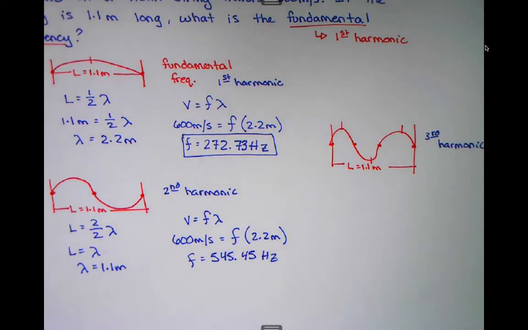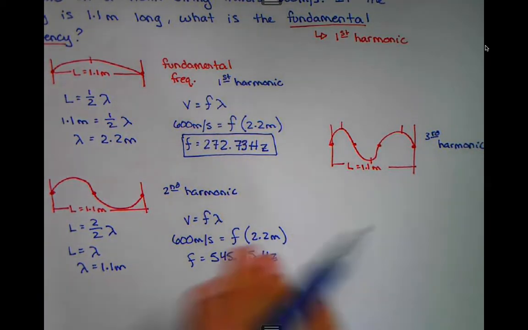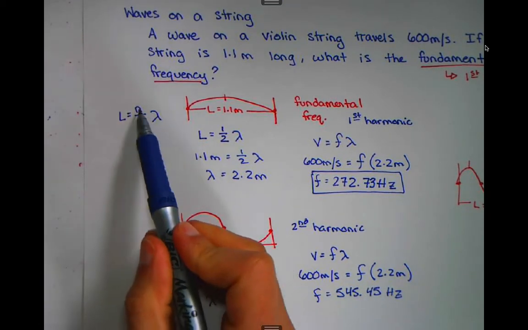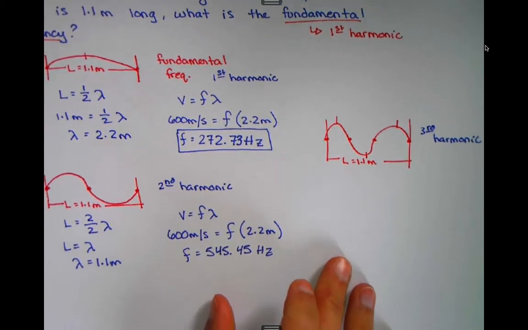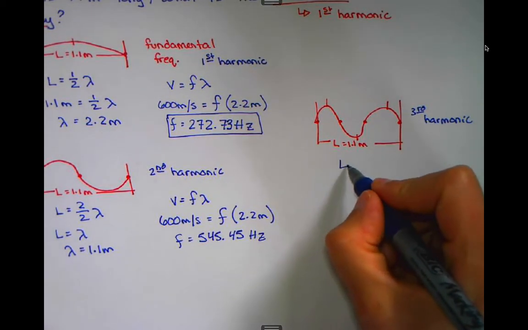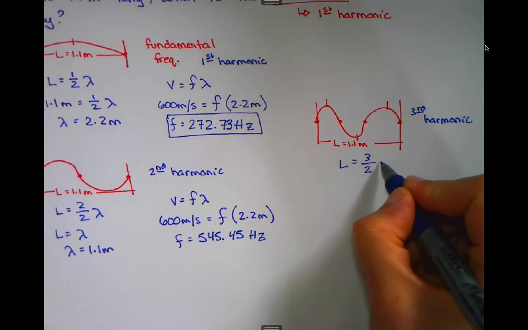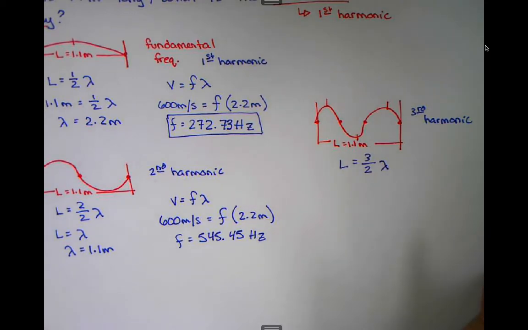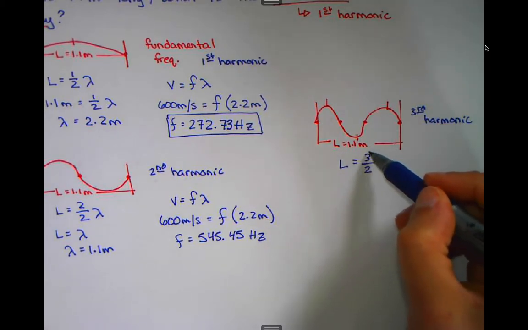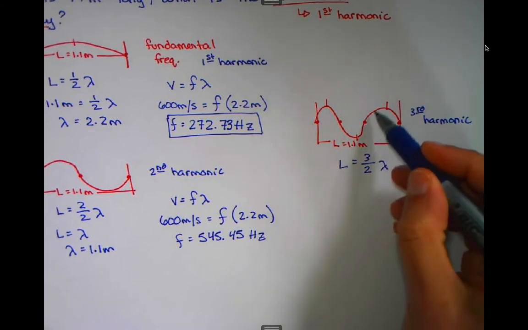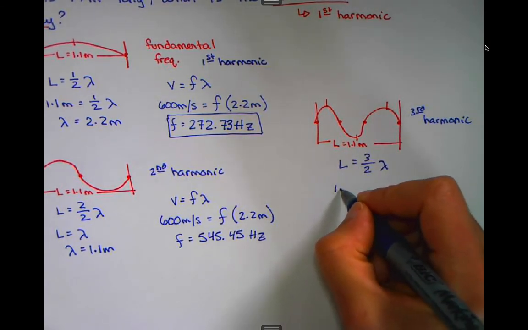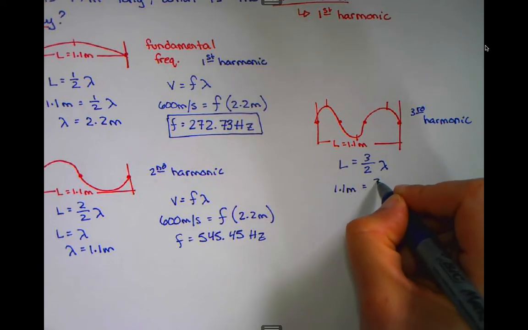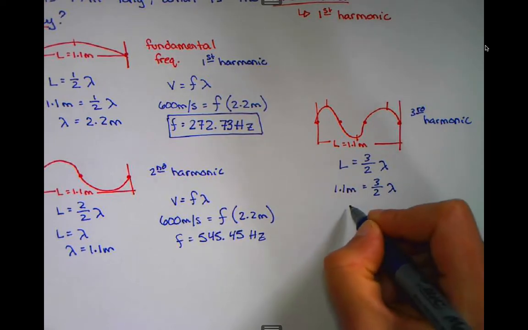If I use that general relationship, L is equal to the number of the harmonic divided by 2 times the wavelength, that means I have L equals 3 over 2 times the wavelength. That means I have 1.5 waves in here, which you can see. When I plug this in, I get 1.1 meters equals 3 halves times the wavelength.